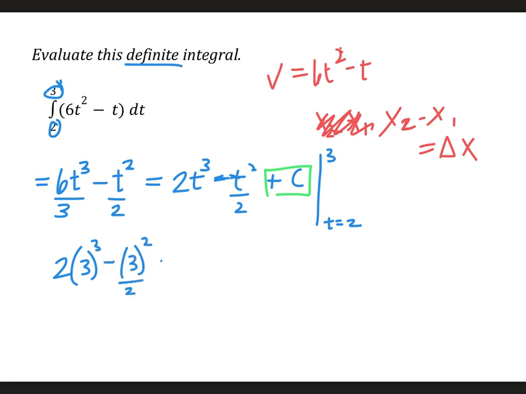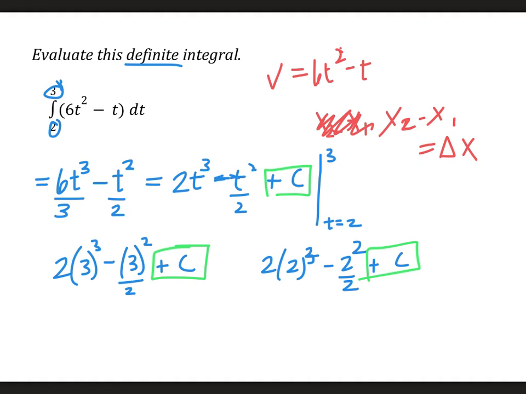Again, we're going to see how it doesn't matter what this value is here in a second. So this would be the value of this expression at 3, and then I would do the same thing, but I would put in 2 for my time. Then again there would be a plus c here officially.